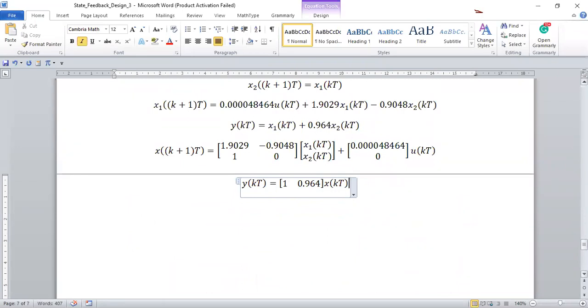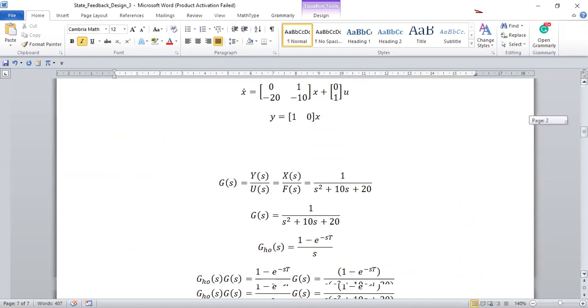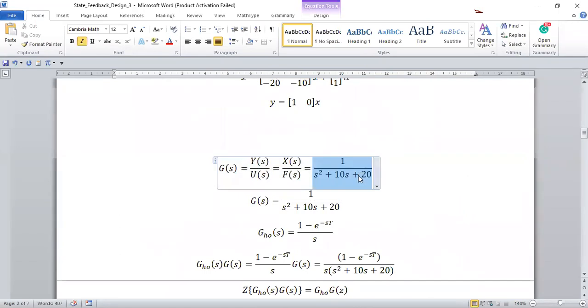Given a transfer function, like this particular transfer function, how to convert it into the z domain. So this is G of s, how to convert it to G of z using MATLAB. Then how to convert the transfer function into state space in MATLAB. So that is going to be the next topic.